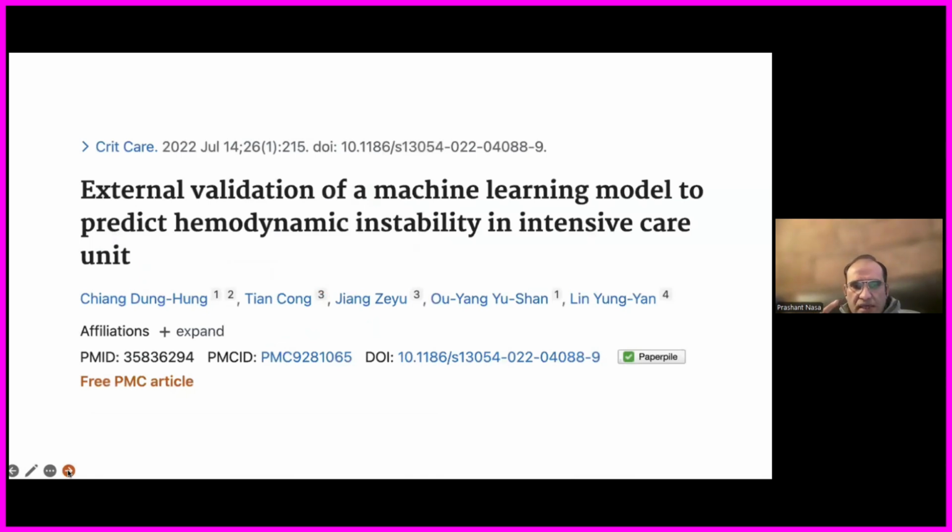Then, another area where machine learning can help us is to predict hemodynamic instability in the intensive care unit. We saw the HPI tool, which was still being tested in the perioperative setting, but can we have something in our intensive care unit, where we usually see more critically ill patients and have to make these complex decisions? Machine learning has looked at validation of models for predicting hemodynamic instability in the intensive care unit.